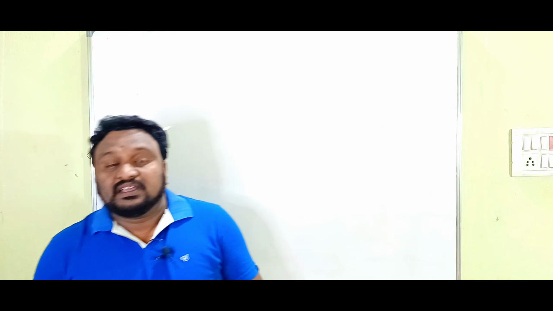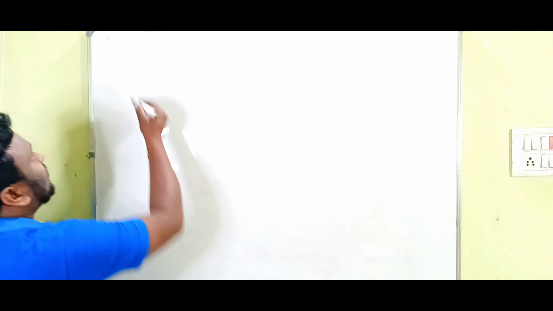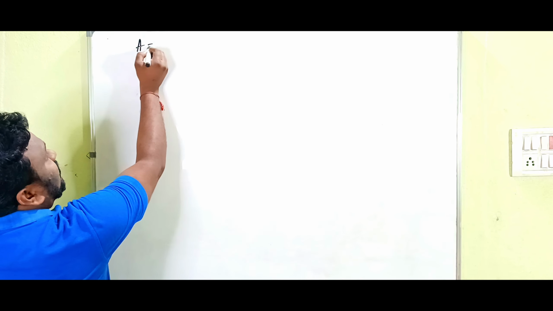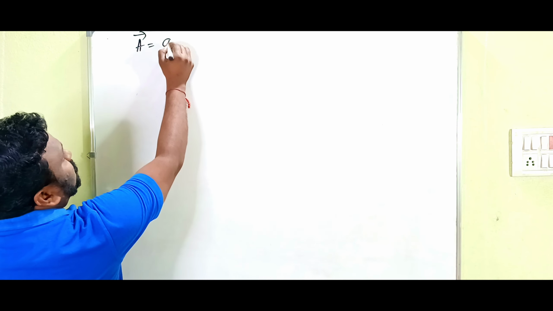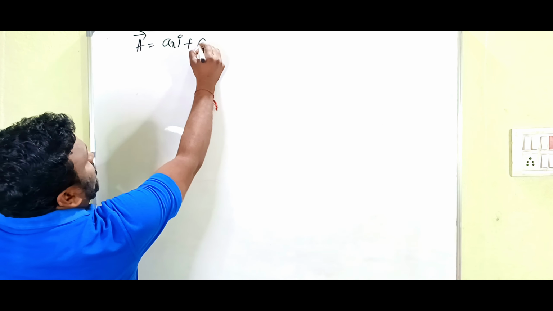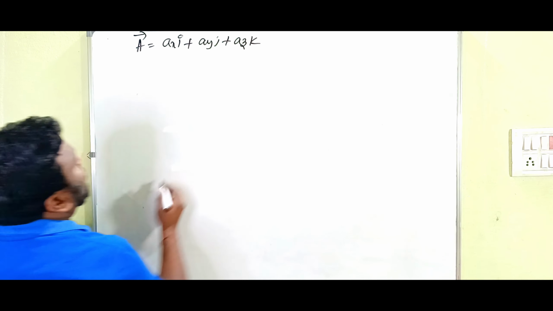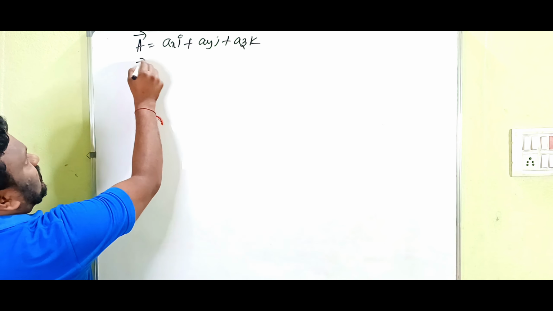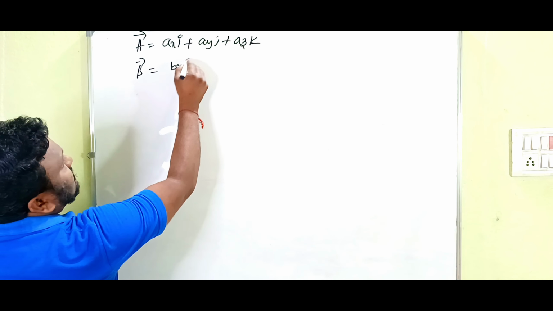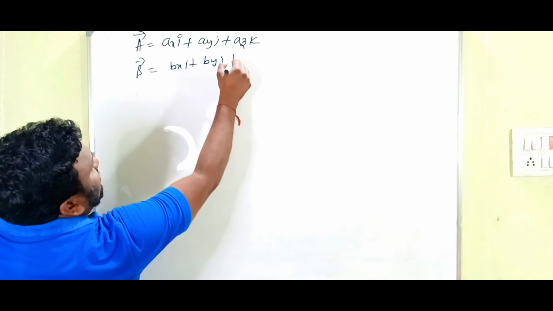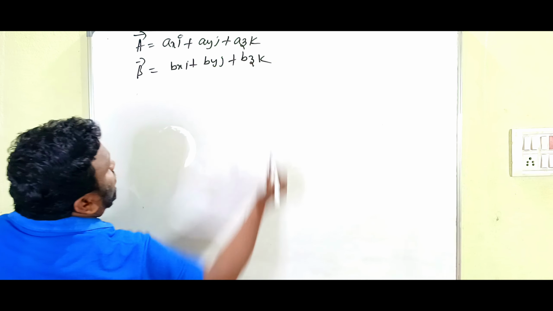Dear students, if A is a vector and B is another vector, then how can we write A cross B? It is quite similar to finding the determinant of a matrix. Got it children? So A is one vector. Here we are writing vector A is equal to Ax i plus Ay j plus Az k, and similarly vector B is Bx i plus By j plus Bz k.